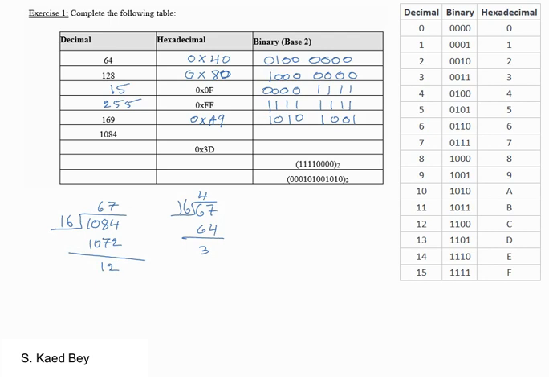Remainder 3. Take the 4 again, divide by 16, 0, remainder 4. So the answer here is 4, 3, and 12. Now 12 is equivalent to letter C.